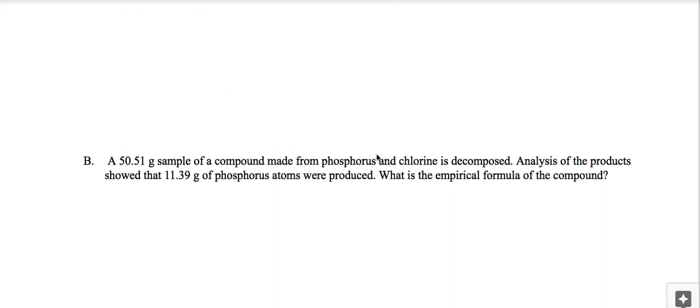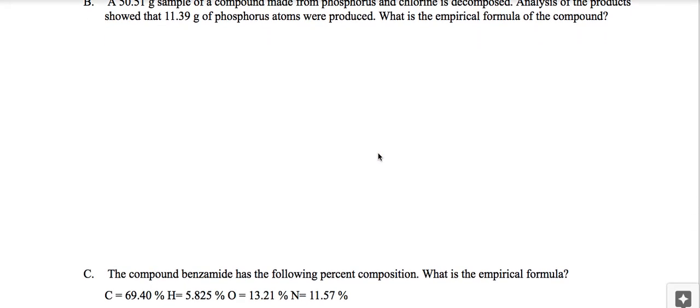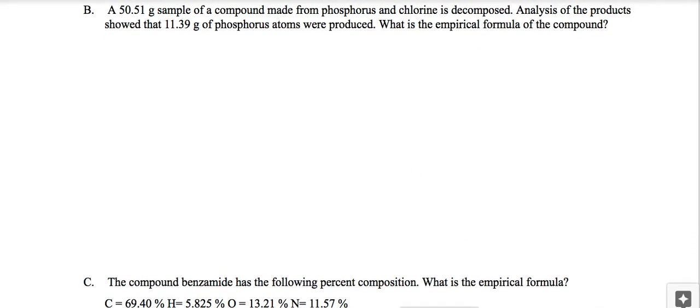Now we're going to do one with masses. It's the same process, only in this case, I'm going to color code this time. We have a compound with phosphorus and chlorine. All right, so here's my phosphorus, and here's my chlorine.